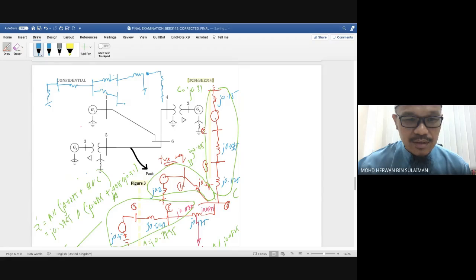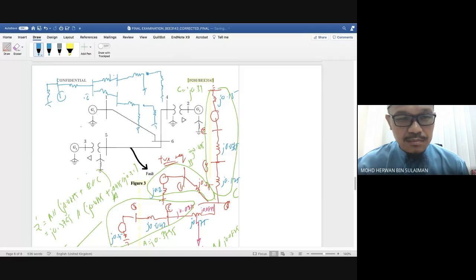So Y and ZN, and the delta will be open, and then you have generator 3. That's all. To avoid confusion, put numbers: this is bus 1, this bus 6, this bus 4, this bus 2, and this bus 5, this bus 3.